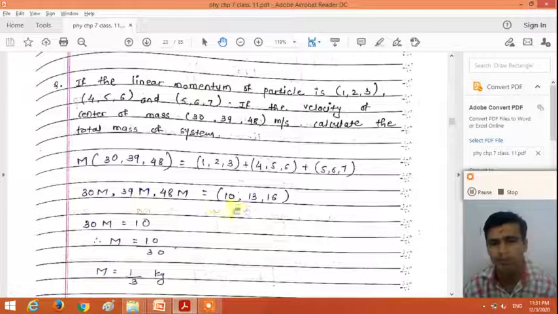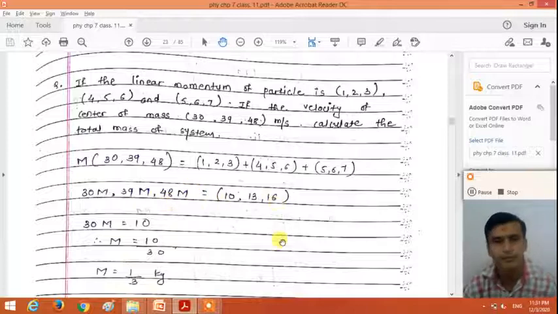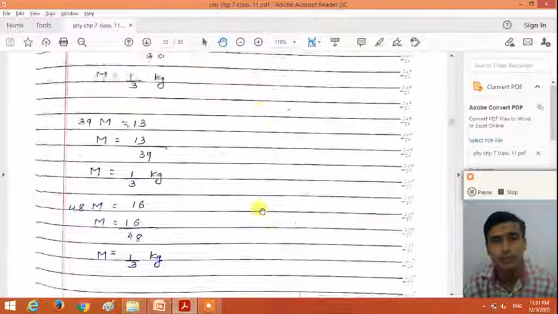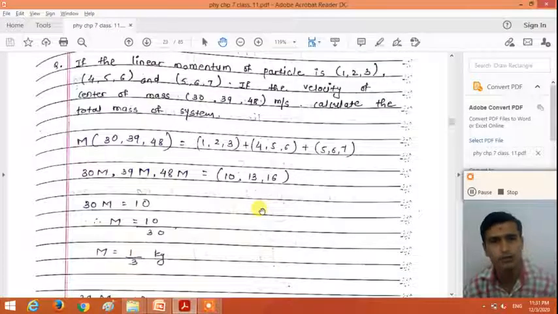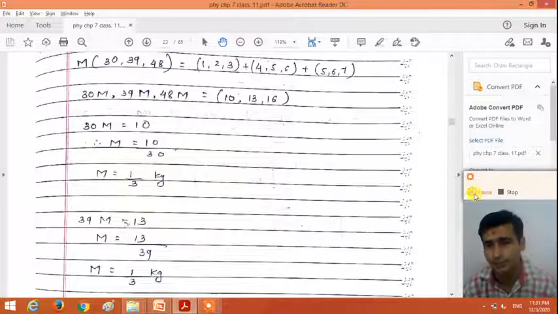If you compare the y coordinate, you also get m equal to 1 by 3 kg. And comparing the z coordinate, we again get 1 by 3 kg. So we can say that the total mass of the system is 1 by 3 kg.